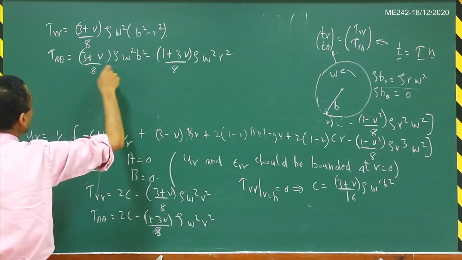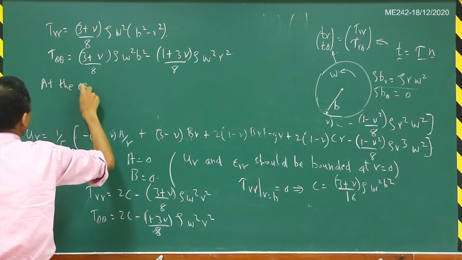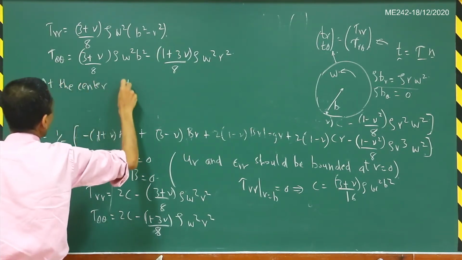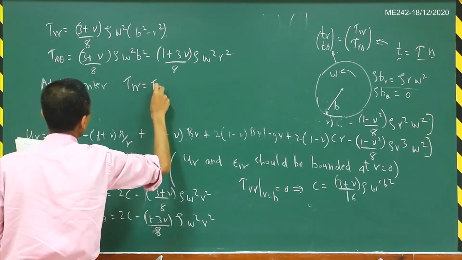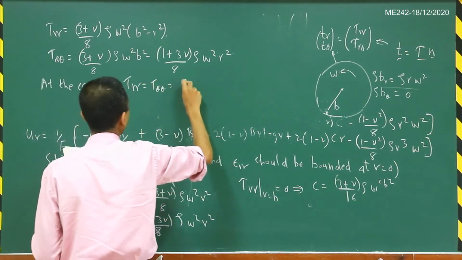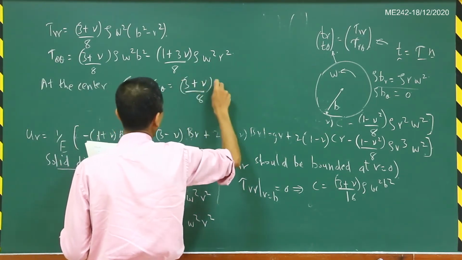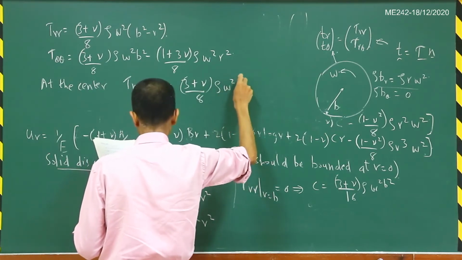So at the center of the disk, you'll get that tau r is equal to tau theta theta, equal to (3 plus mu) divided by 8 of rho omega square times b square.